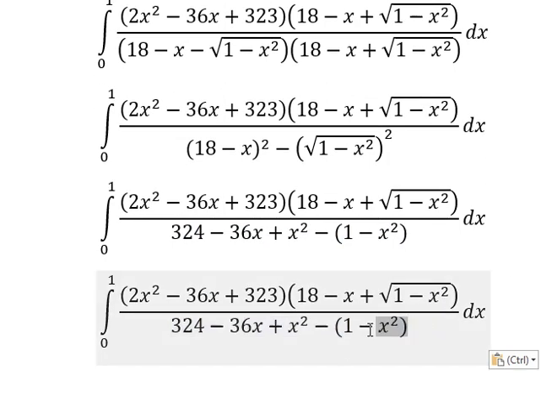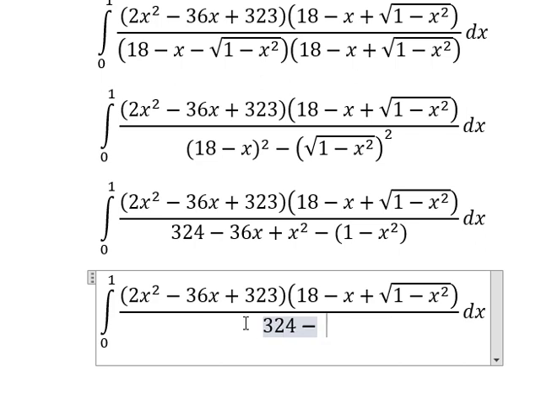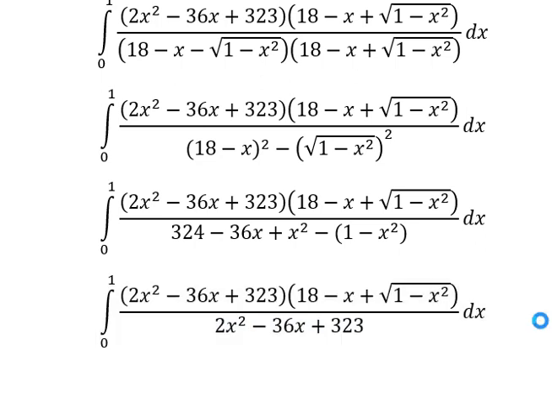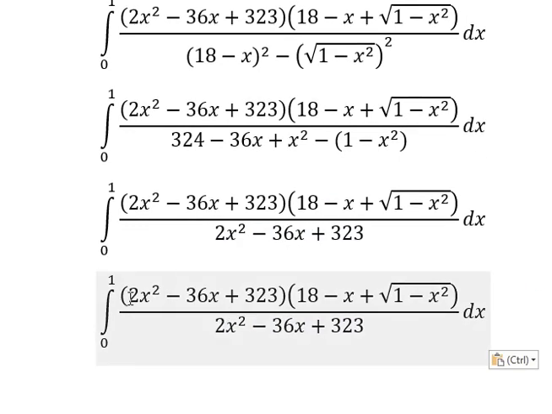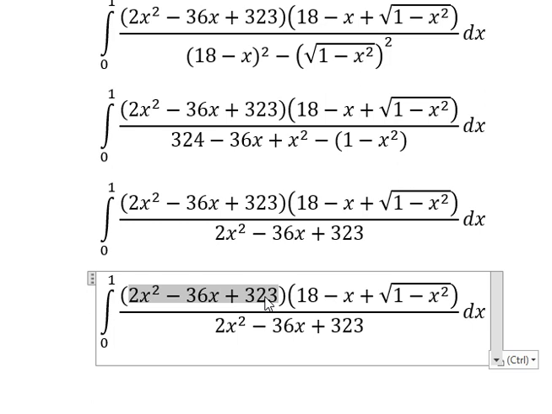So if we simplify this one, we will have like this. Now we need to simplify on the numerator and denominator. So we just have only this one.